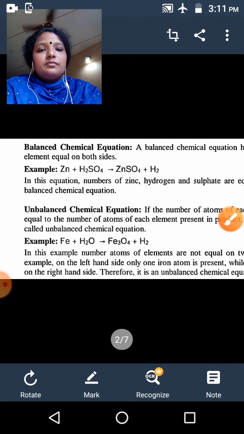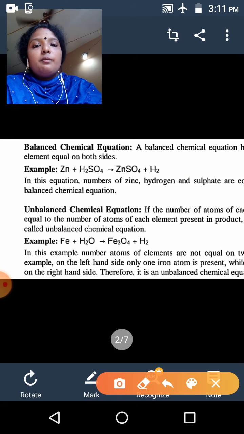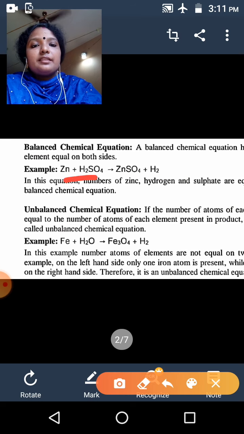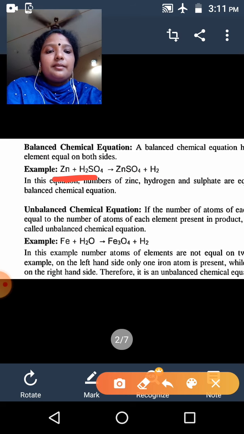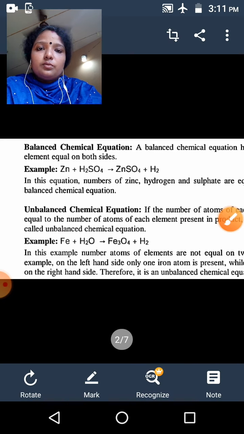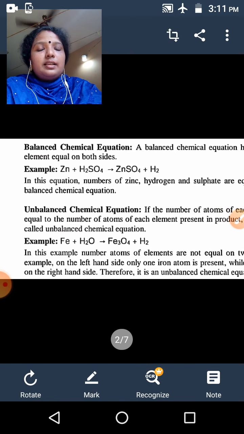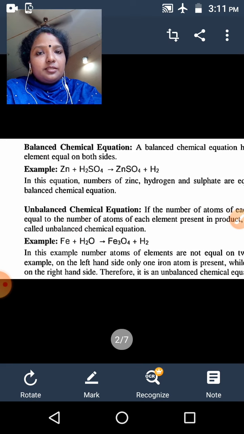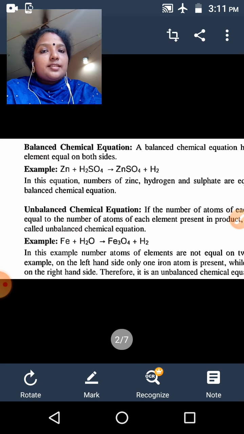Now calculate how many atoms are present. Zinc atoms in the reactant side? 1. The product side? 1. Hydrogen atoms in the reactant side? 2. The product side? 2. Sulfur atoms in the reactant side? 1. In the product side? 1. Oxygen atoms in the reactant side? 4.